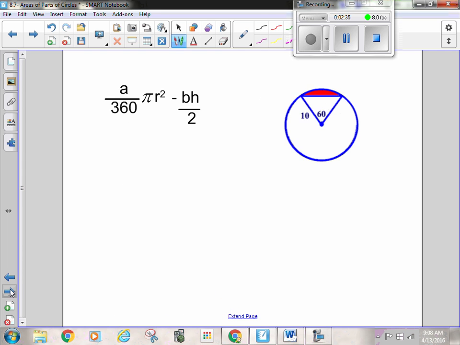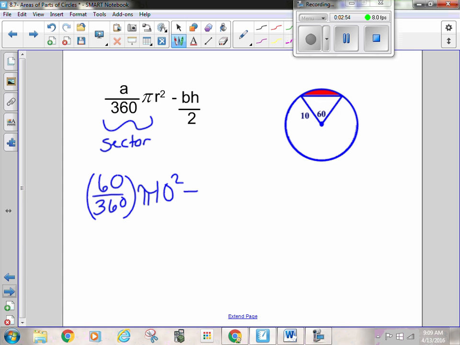Okay, so if we look here, we're going to find the area of that red piece. So we start off with plugging in to our sector formula. This is for the sector. Okay, so 60 over 360 times pi, and our radius in this one is 10. So 10 squared, minus. All right, so we're going to find the area for our triangle.